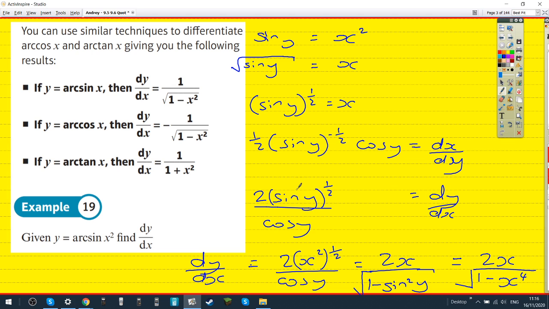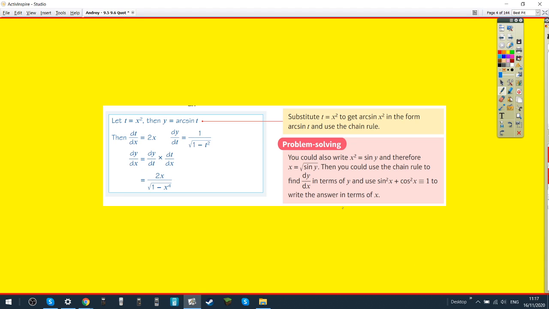We want dy/dx in terms of x. So wherever you have a sine y, replace it with x squared. And then wherever you have cos y, convert it in terms of sine so that we can replace it with x squared. Let's see, 2x over root 1 minus x to the 4. There we go. All right. Any questions about this?